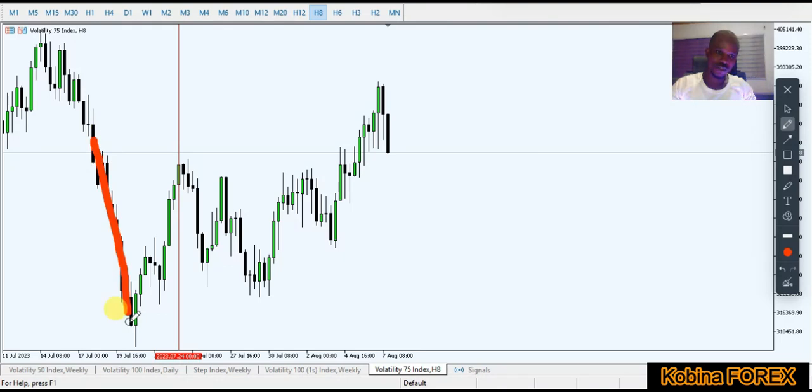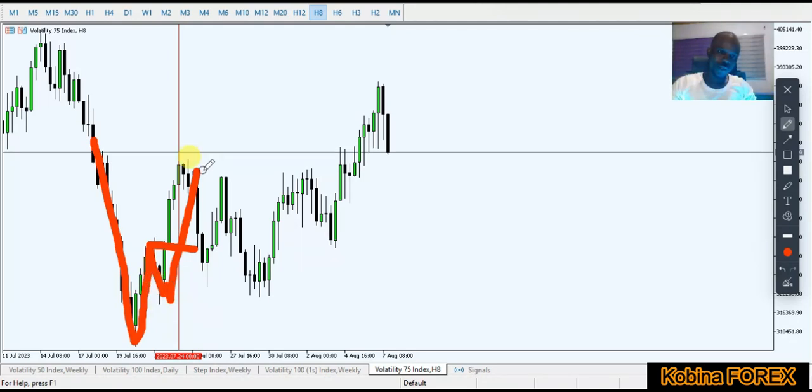So for instance, we have price rallying from this high to this point. Price rallies this way, and on the normal, we're expecting price to continue downwards and break the low because we are in a downwards trend. But it doesn't continue, it's rejected by the other block resting in here, and then it continues to rally up. In so much as this high here has been broken, we regard this particular setup as a mitigation block.